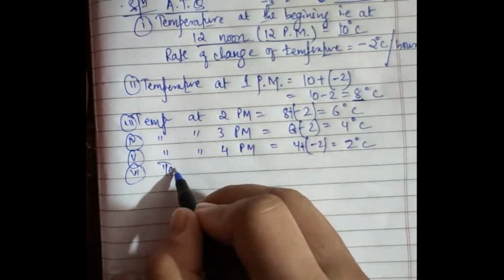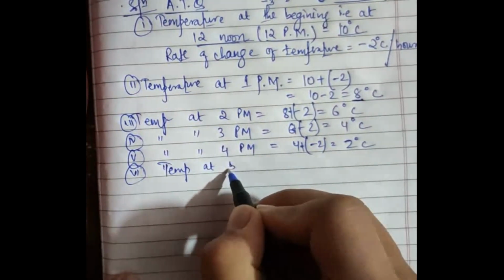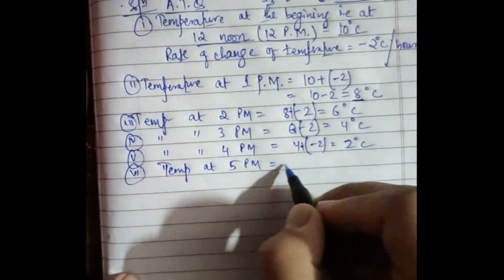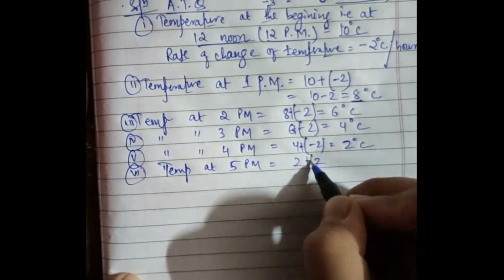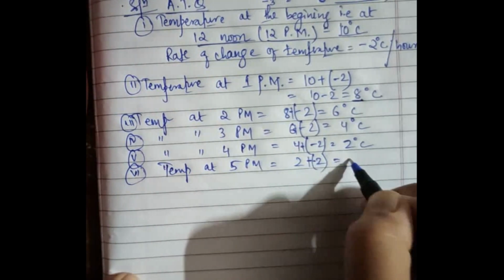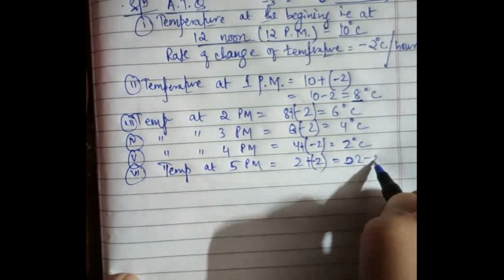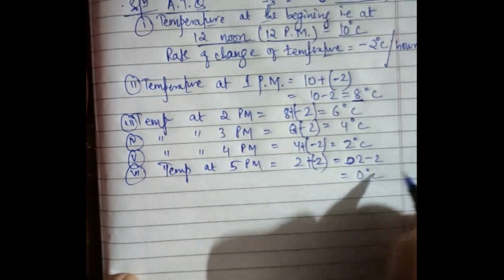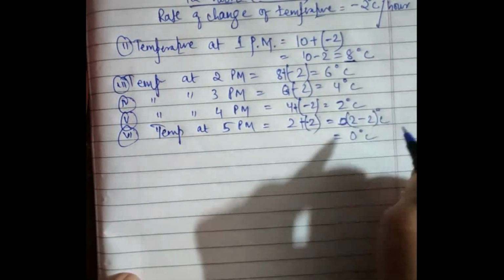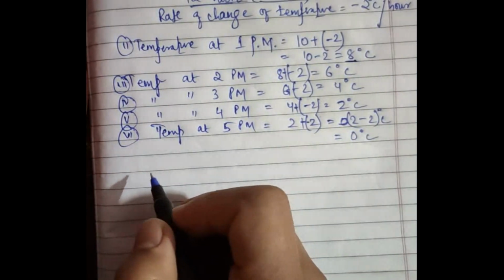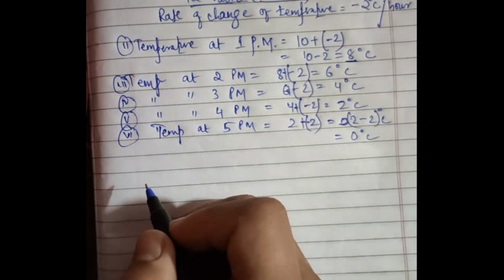Temperature at 5 p.m. is equal to, now it is 2 minus 2 is equal to 0 degree Celsius, isn't it? Do the step in a clear and a proper manner, okay?